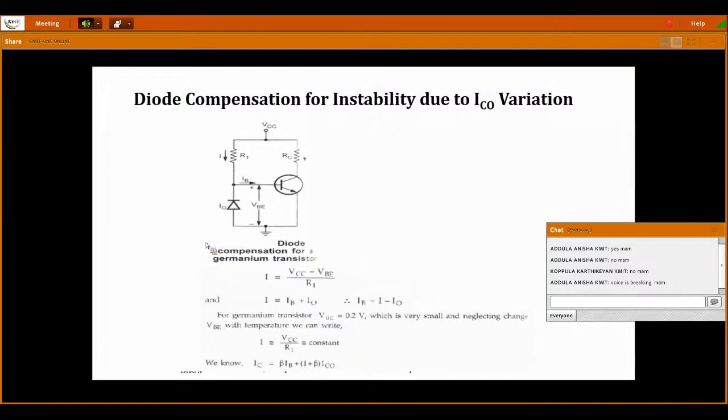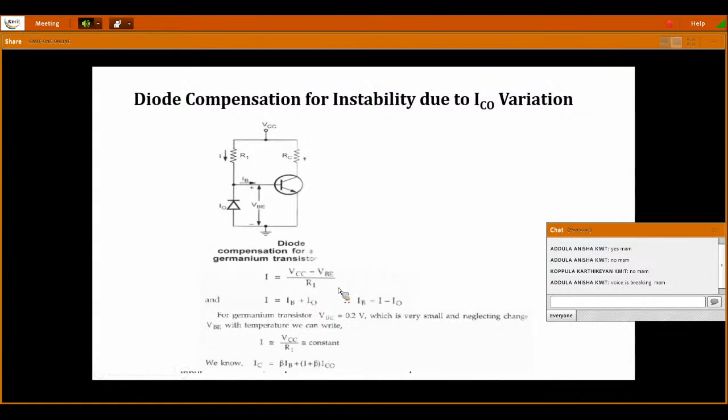Next, we'll move to diode compensation due to the instability of your reverse saturation current or leakage current ICO. Now we connect the diode at the base instead of at the emitter. We just replaced R2 with the diode. The current flowing through resistor R1 is equal to VCC minus VBE divided by R1.